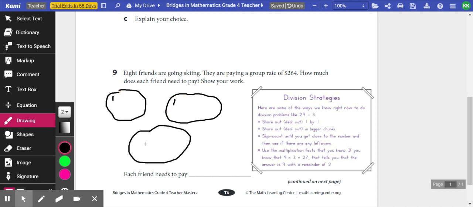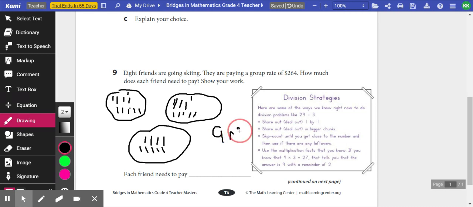So you've got 1, 2, 3, 4, 5, up to 29. So you've got these 2 left over here, and you've got 9 in each of the other circles. So now I know that it's 9, remainder 2.